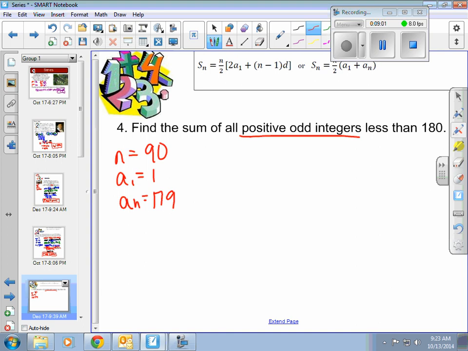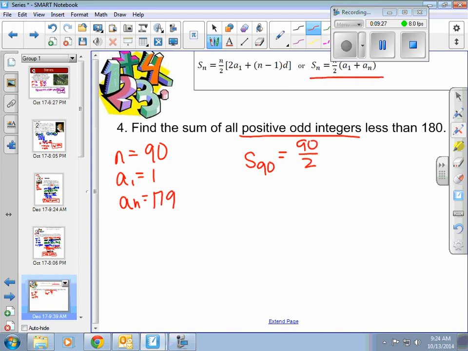Then I can go ahead. I see that I have my n, my a sub 1, and my a sub n, so I can use the formula that Gauss used. So I would have that the sum of the first 90 terms would be 90 divided by 2.